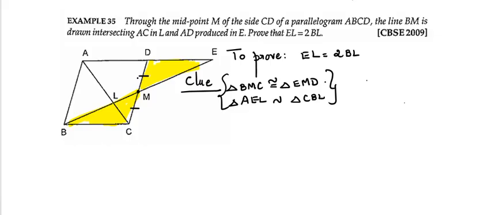Okay, M is the midpoint. And then these two are alternate interior angles, and this is a vertically opposite angle. ASA. So prove ASA congruence in triangle BMC, triangle EMD. DM is equal to MC, given.